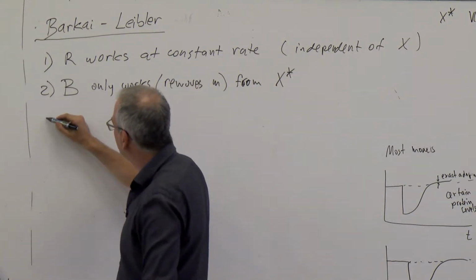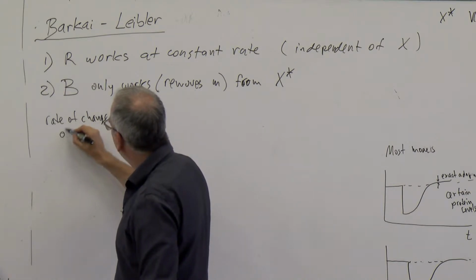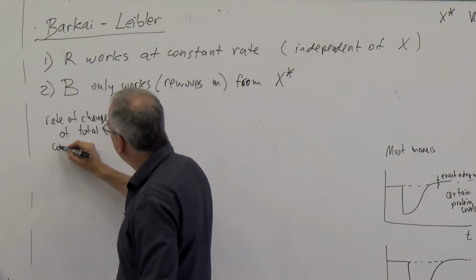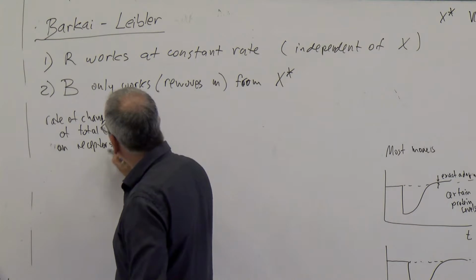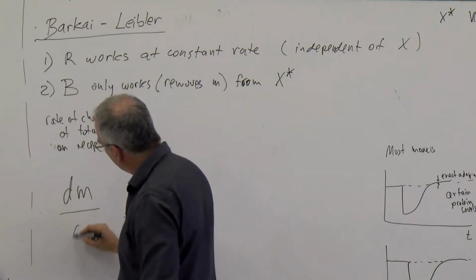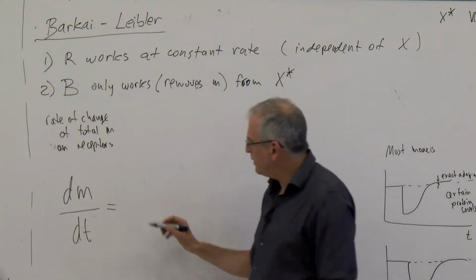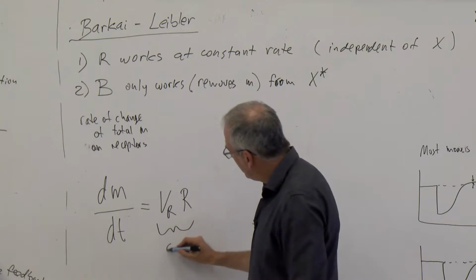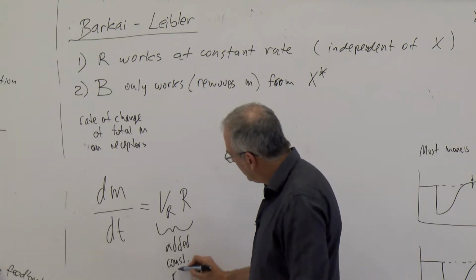So I'm going to write the rate of change of total methyl groups bound on the receptors. So this is dM/dt. This is how many methyl groups there are, and they are added and removed, right? So it's added by CheR at a constant rate.